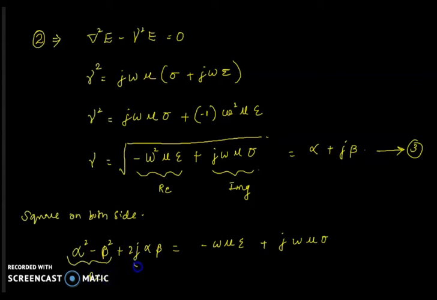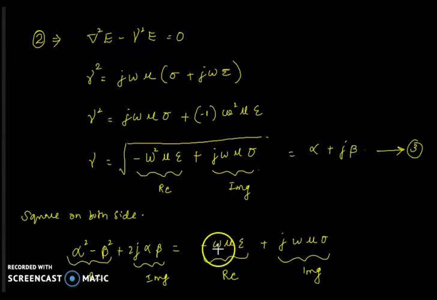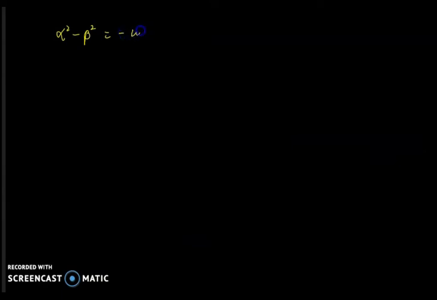If you look at the right hand side, this is the real part and this one is the imaginary part. Now we have real and imaginary parts on both sides of the equal sign. So alpha square minus beta square is equal to minus omega square mu epsilon.